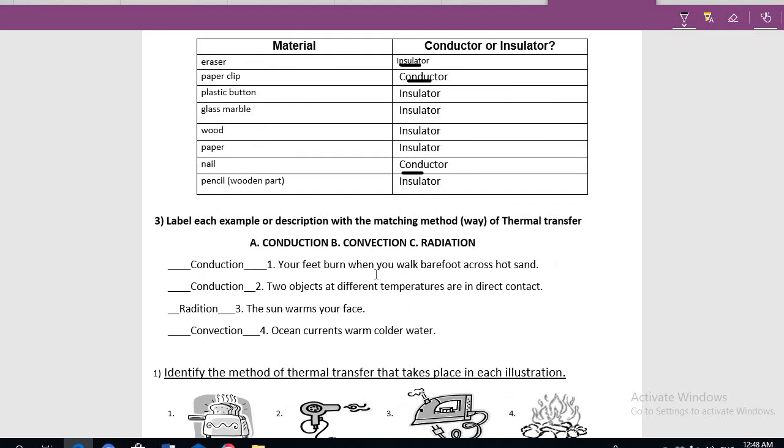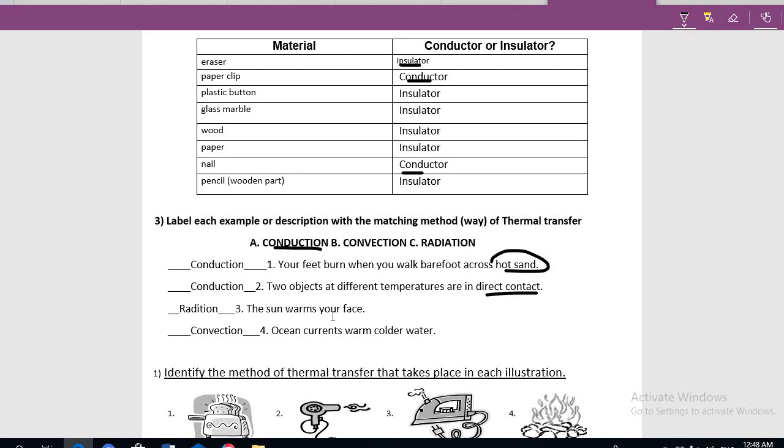Your feet burn when you walk barefoot across hot sand. Your feet are in direct contact with the sand, so this type of heat transfer is conduction. Two objects at different temperatures in direct contact is conduction.